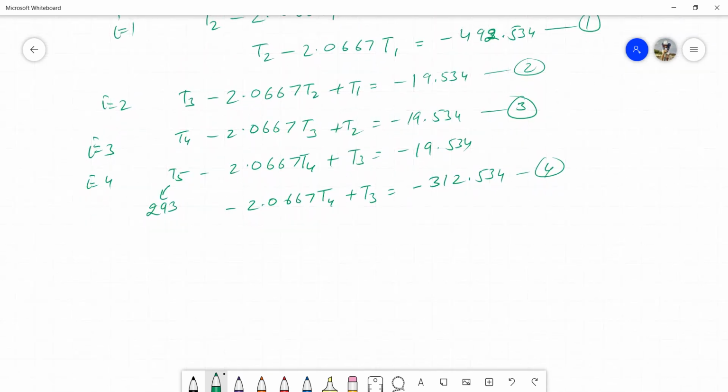So we have a matrix. The first equation involves T1 and T2, and the second equation involves one more term from the third one, and then from the third one.